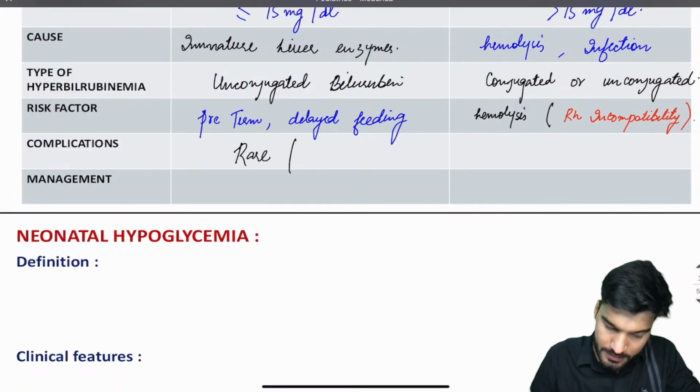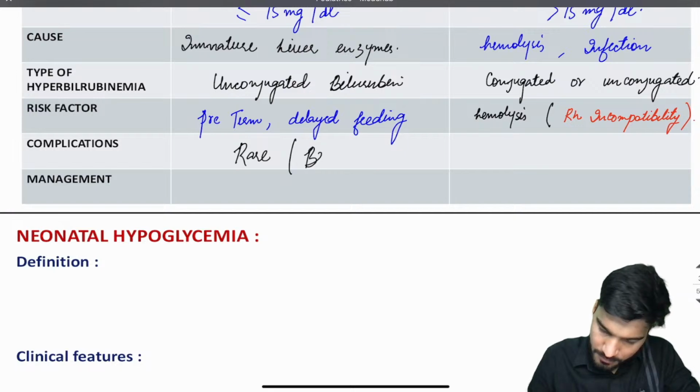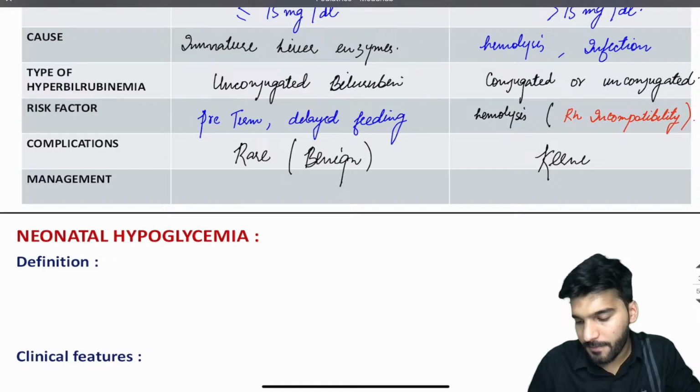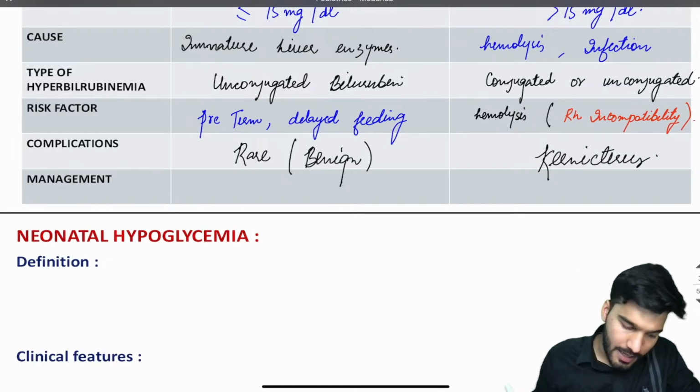It's usually benign, but in case of a pathological jaundice it can lead to kernicterus. Okay, then the management.